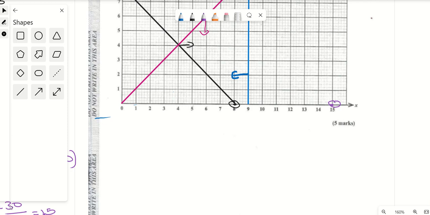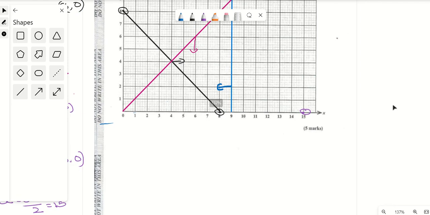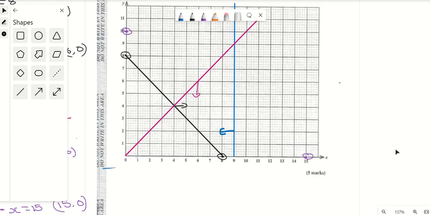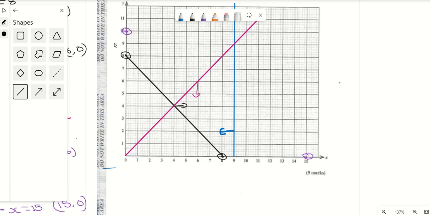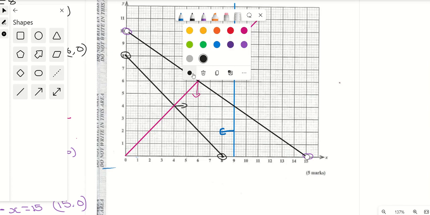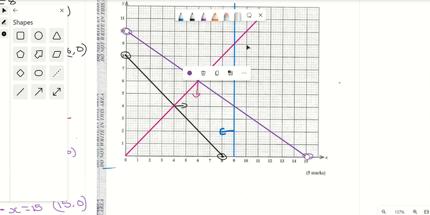So now we're going to connect those two purple points, and then I'll talk about the inequality. We're going to connect this point with this purple point right here. Just going to turn it purple. So they're color coded, right?